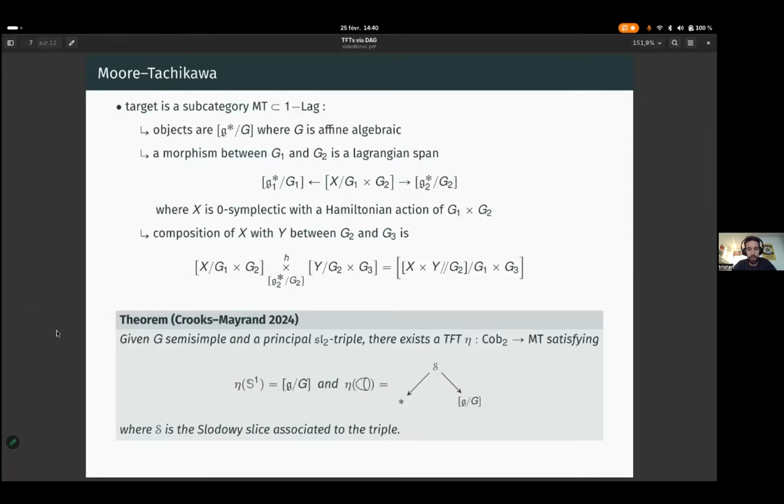It says that given a group G and a principal SL2 triple in the Lie algebra associated to G, I can produce a TFT to this Moore-Tachikawa category that maps a circle to G, identifying G with G dual, and that maps a cap to the Slodowy slice associated to the prescribed triple.